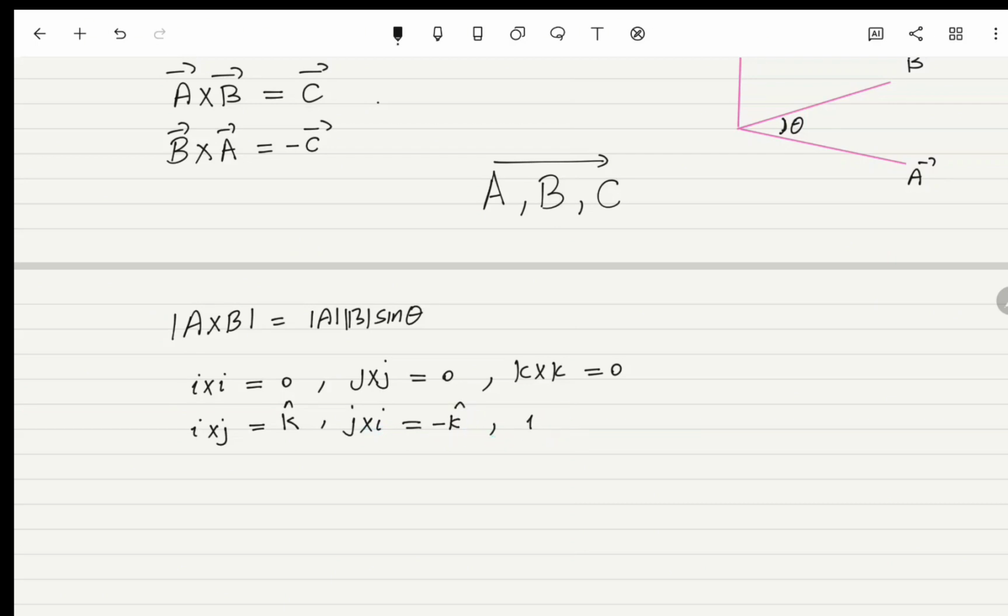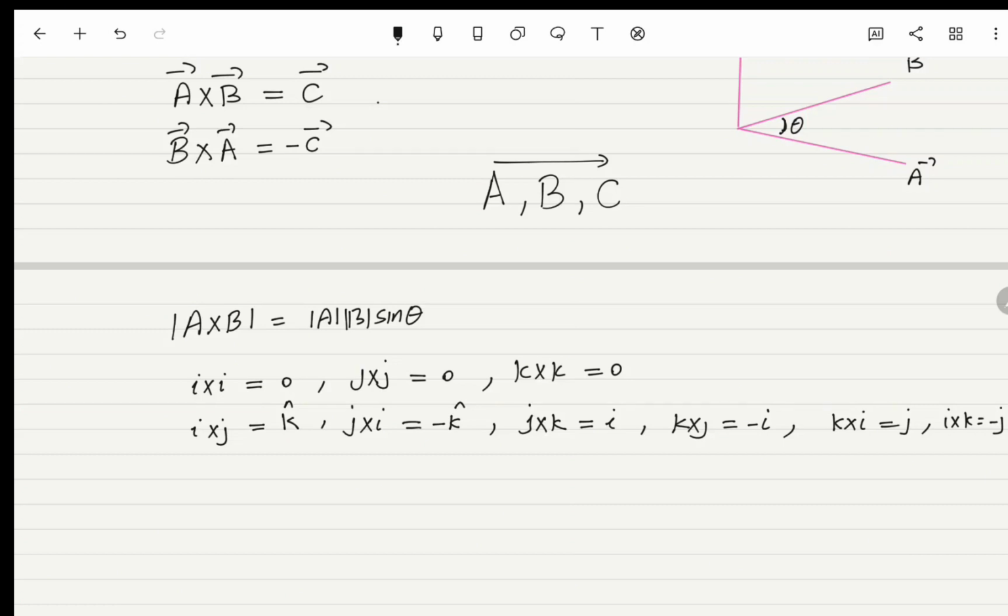Again, J cross K, after J, it's K, so the answer is I. And K cross J, again, it's minus I. Now, K cross I is J, and I cross K is minus J.